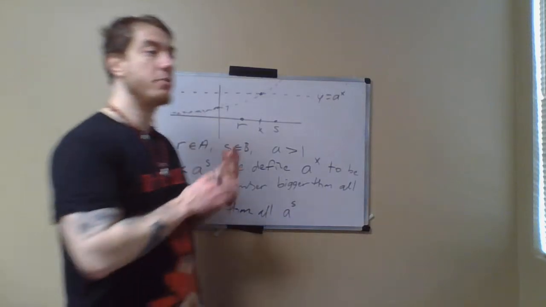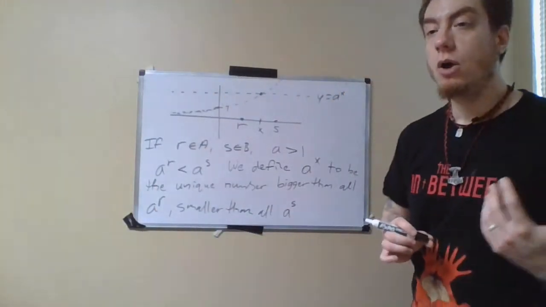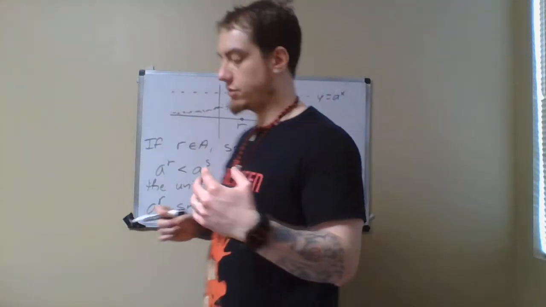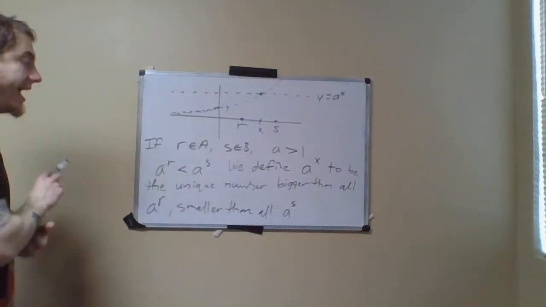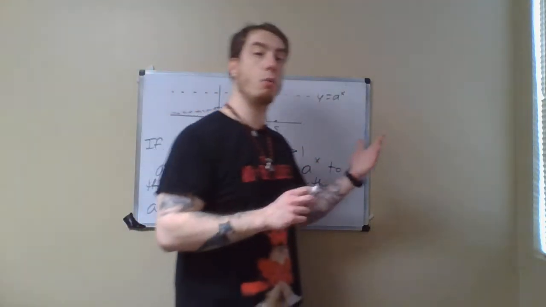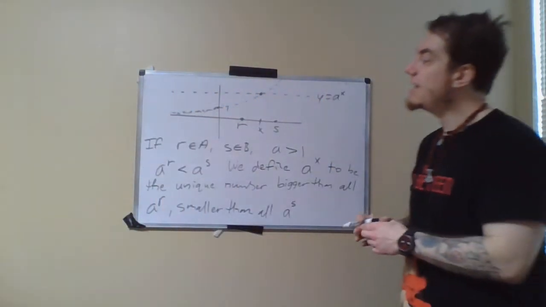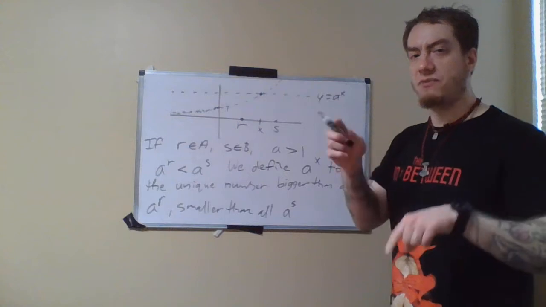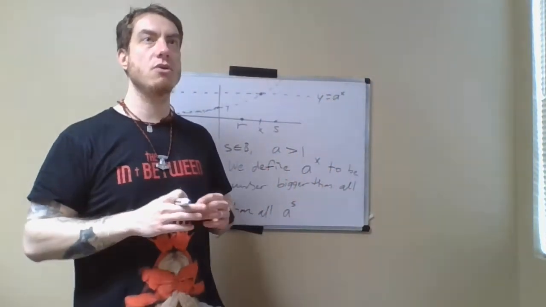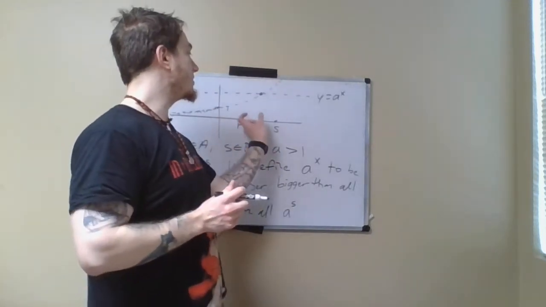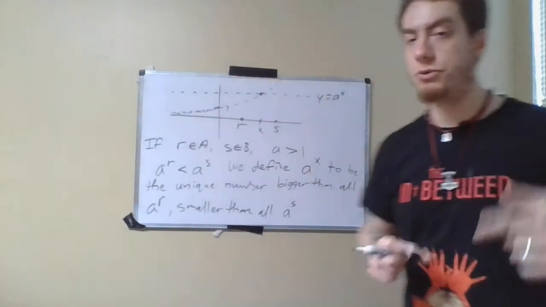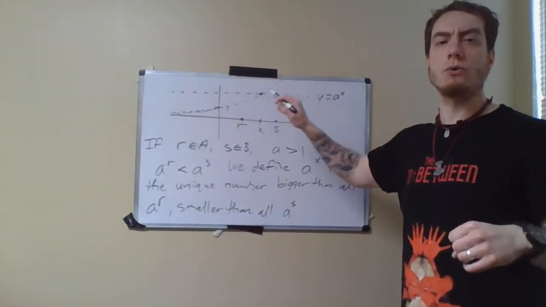As long as it is a well-behaved function for the rational numbers, we can ask that it be a well-behaved function for the irrationals as well. In this case, what we mean by well-behaved is always increasing or always decreasing. It turns out that you can actually do it even if it's not always increasing or always decreasing. As long as on any given small enough interval it is either increasing or decreasing, you can still do this trick where you fill in the holes at the irrational numbers.